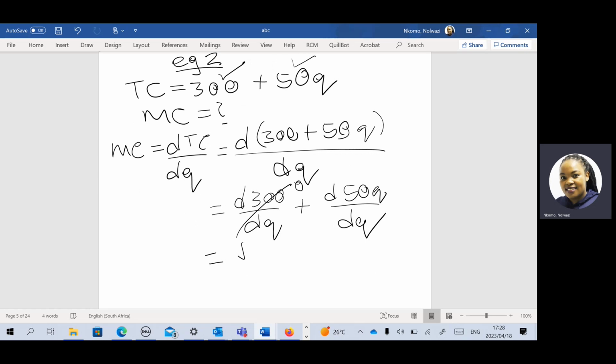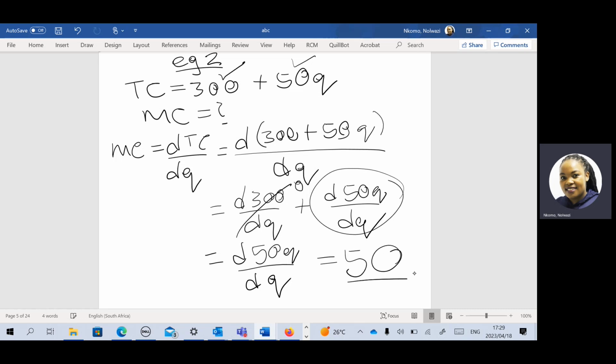So that means we have d 50Q with respect to Q. And this is the variable cost, right? And the derivative of 50Q is 50. So this means the marginal cost is 50.